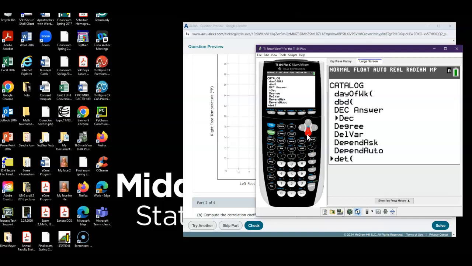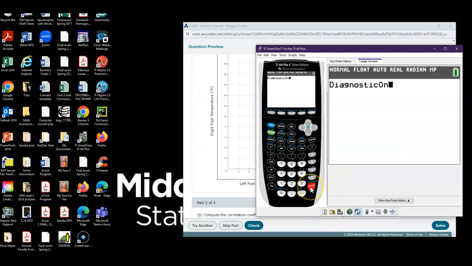Don't scroll too fast because you might go over. So this is DiagnosticOff. We need DiagnosticOn. You see, DiagnosticOn. We need to press enter twice until you see Done.